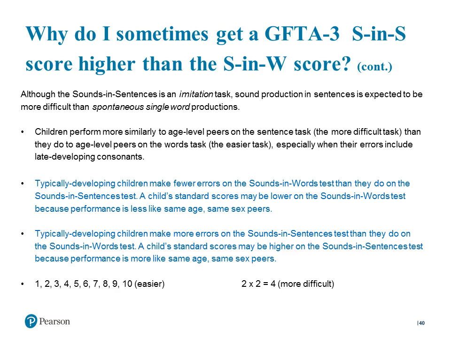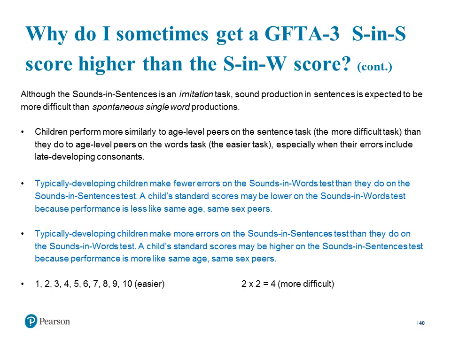Okay, next slide. It goes back to, if it's a more difficult task, why don't they get a lower score when they don't do as well? Well, think about it this way. Those norm scores are compared to typically developing peers. So when it's a more difficult task, a typically developing person is more likely to get it wrong.